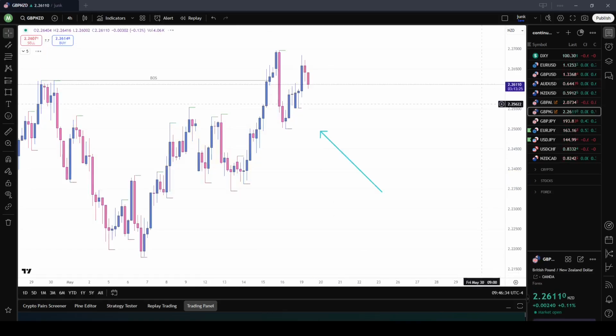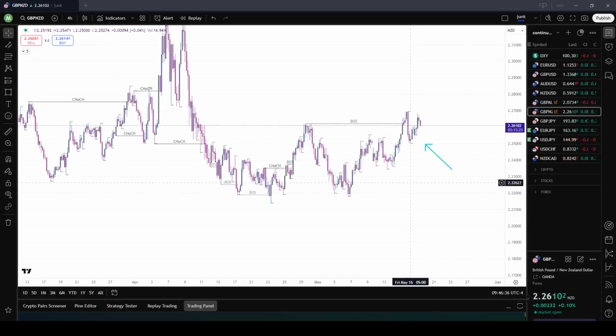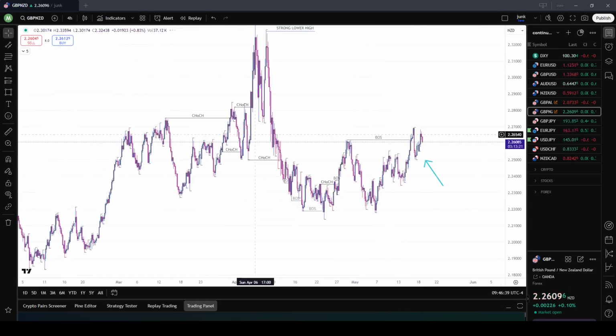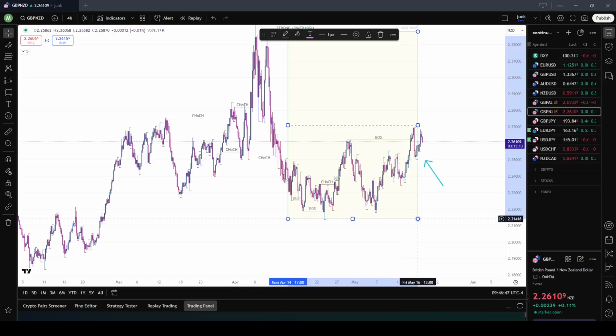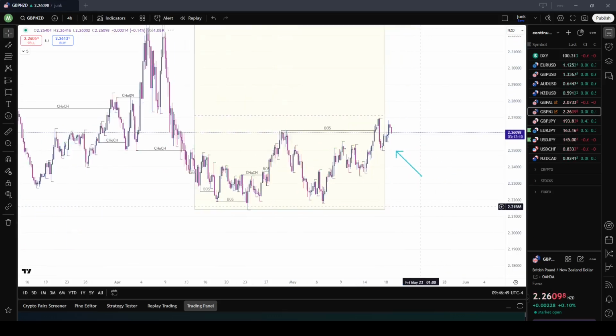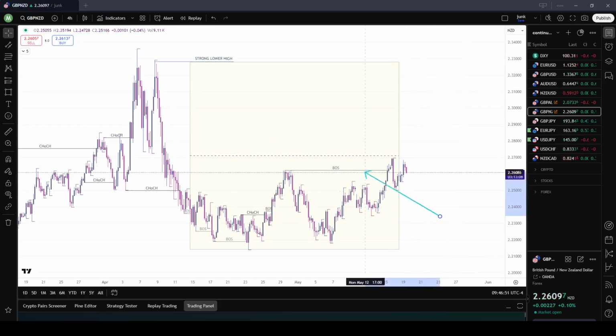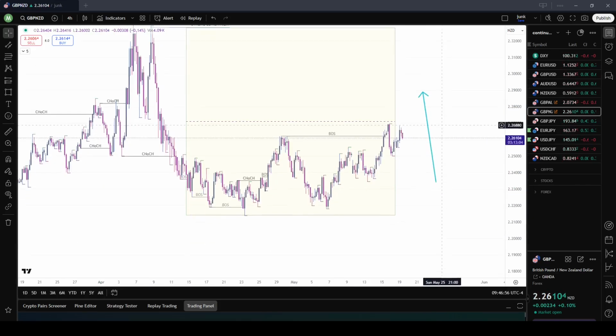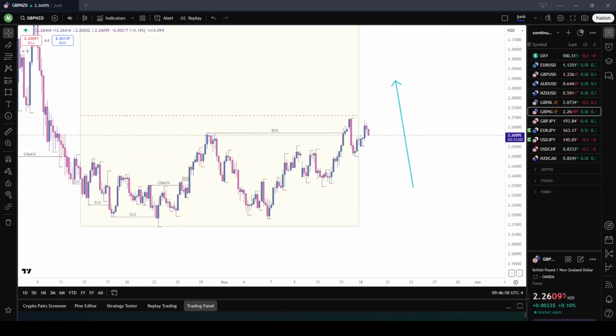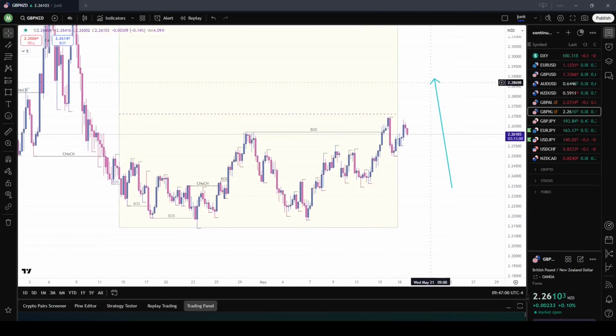GBP NZD. So let's go ahead and map out the current range. This is still trading lower. This is still the high that took out the lows, and prices started to retrace back into premium of this overall range.